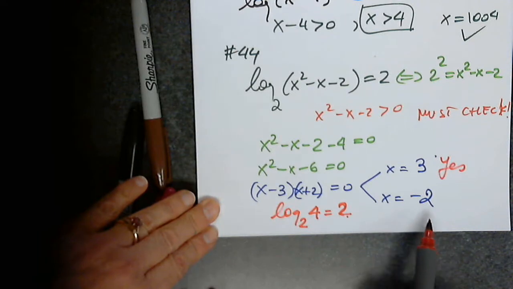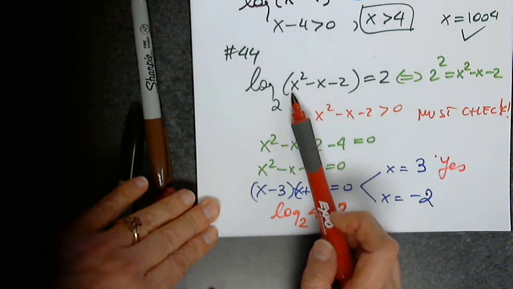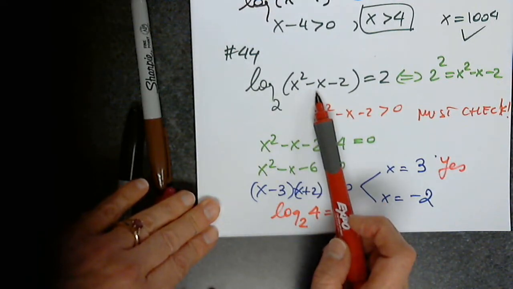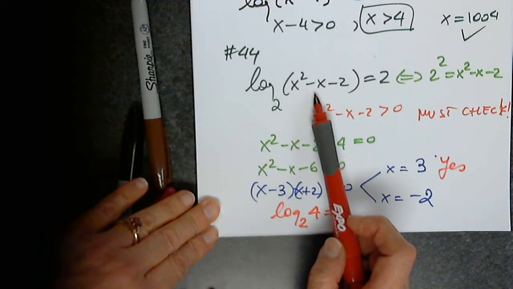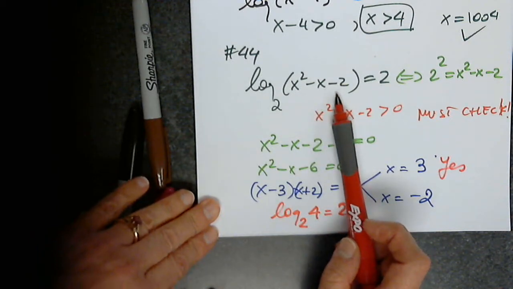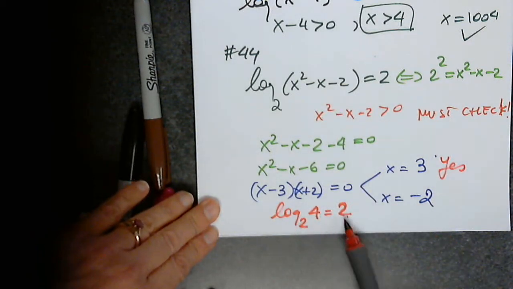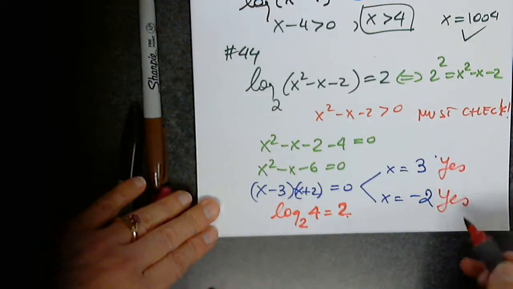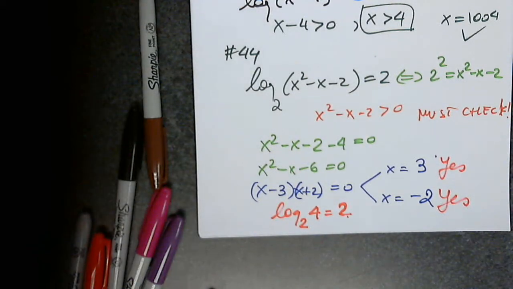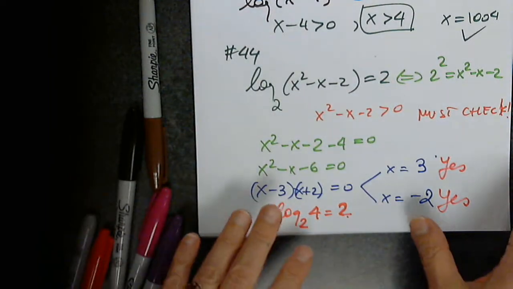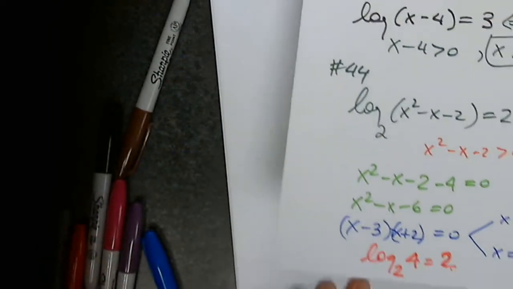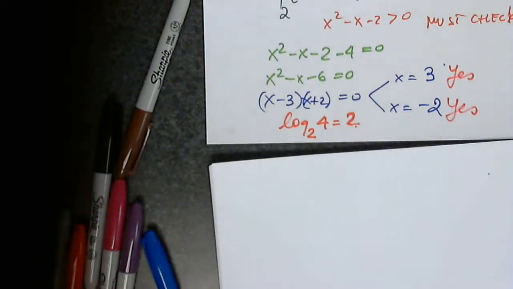Okay, now let's try -2. -2 squared is 4. Plus 2, 6. Minus 2, 4. Log base 2 of 4 is 2. I will say yes again. Meaning, yes, I checked.